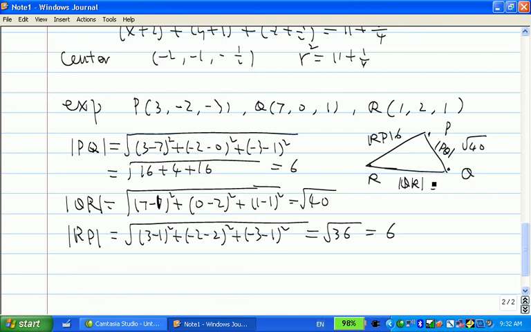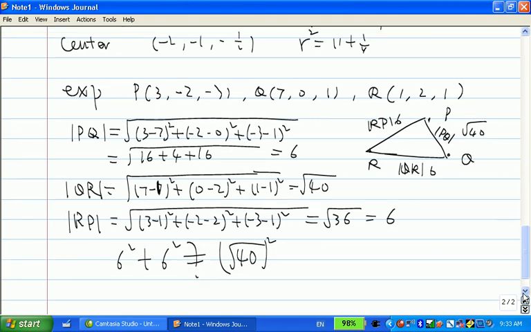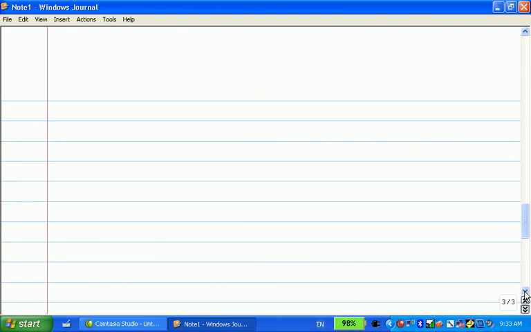For example, the 6 and 6 are the two smallest ones. So you check 6 square plus 6 square, see if that equals the largest length, which is the square root of 40 square. If they're equal, then it's a right triangle. Otherwise, it's not. Okay.